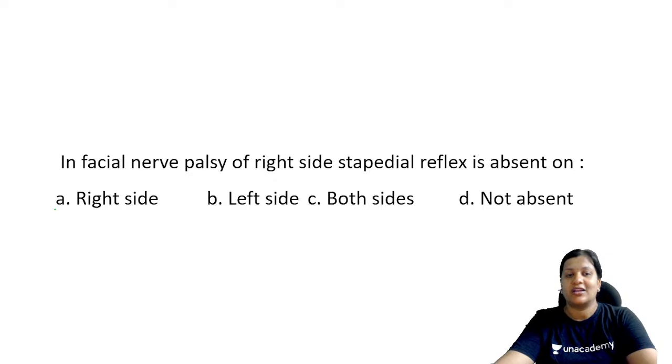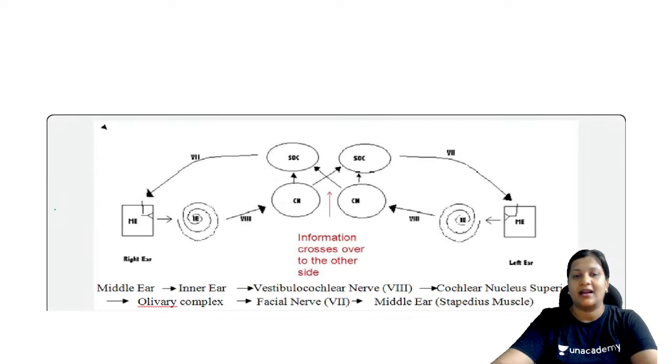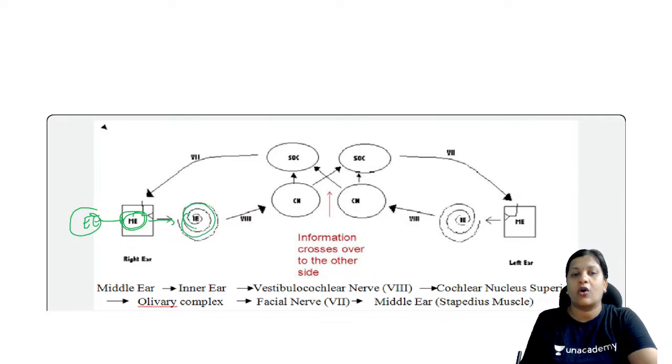Mustafa and Pratishtha say A, correct. That's the right answer. The sound goes from the external ear to the middle ear. From the middle ear, it goes to the cochlea, which is your inner ear. From the eighth nerve, it goes to the cochlear nucleus. From the cochlear nucleus, there is decussation of fibers to the superior olivary complex on both sides. So from the right side, it will go to right and left, and from the left side, it will go to left and right. So there is a cross decussation of fibers.